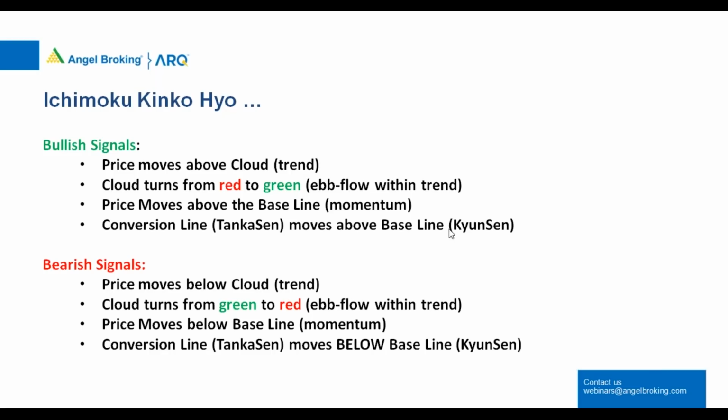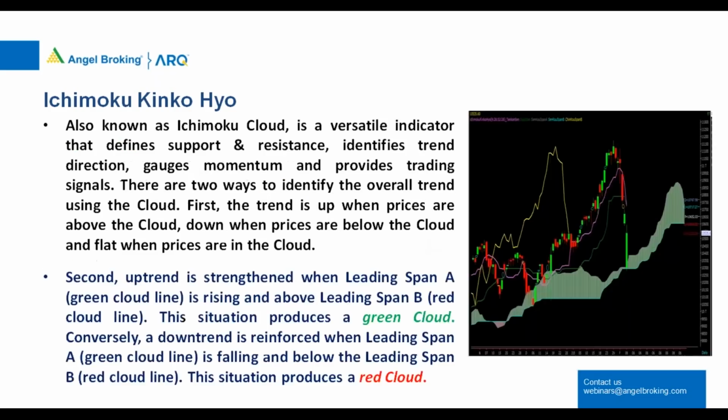The cloud has turned from green to red, prices move below the baseline, and the conversion line moves below the baseline. If you look here, the conversion line, this pink line, has moved below the green line.